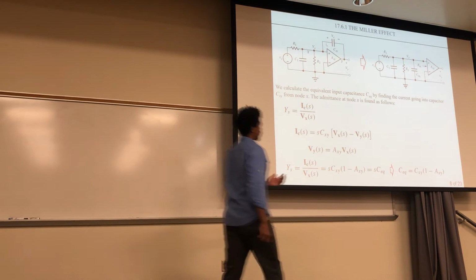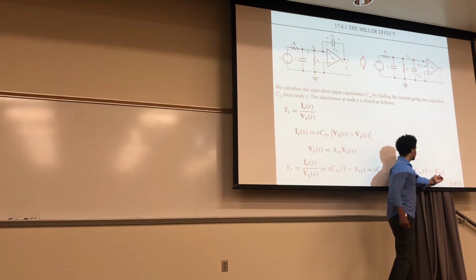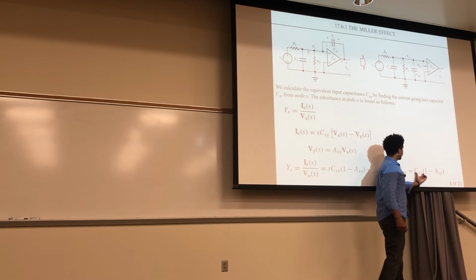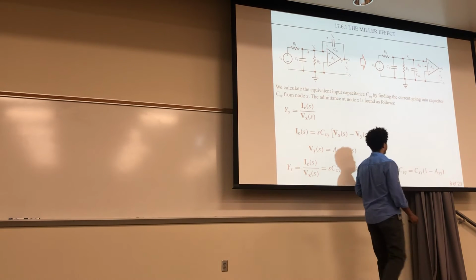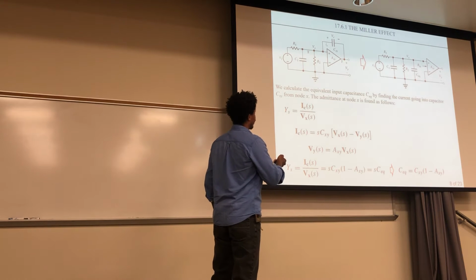And you can see what it's doing too. You can see the effect of the amplifier's gain onto this right here. So C equivalent is just your feedback capacitor, CXY, multiplied by this right here. So it's 1 minus whatever the gain is. And that's what the equivalent capacitance is right here.